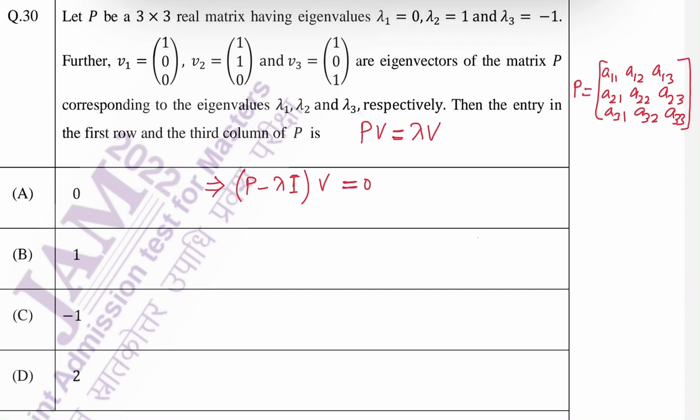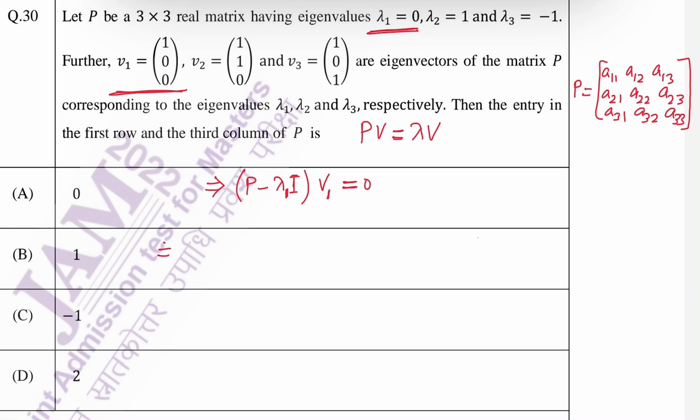Now here you see the first eigenvalue is 0 and its corresponding vector is this one. So if I type subscript 1, then here you have to write 1. Okay, now put the values in this equation.